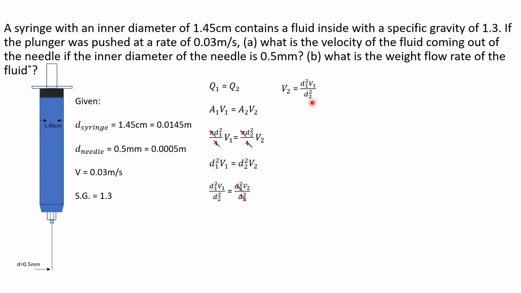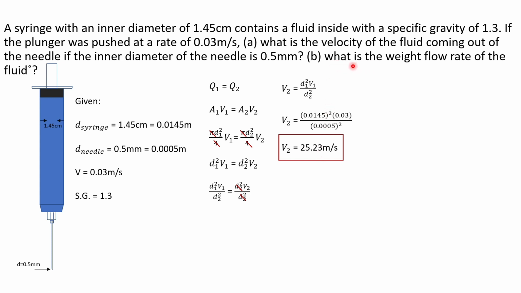All the variables on the right side of the equation have values in our givens, so we just have to plug in those values. Simplifying the equation, we have v sub 2 is equal to 25.23 meters per second. And this is the final answer for part A of our problem.